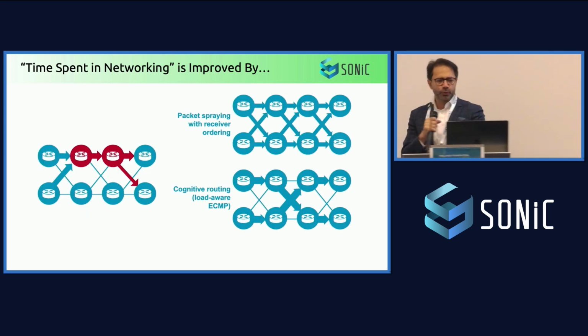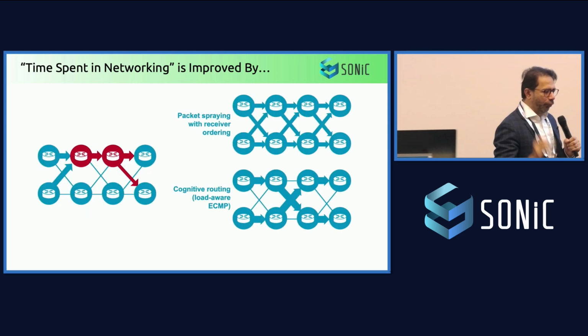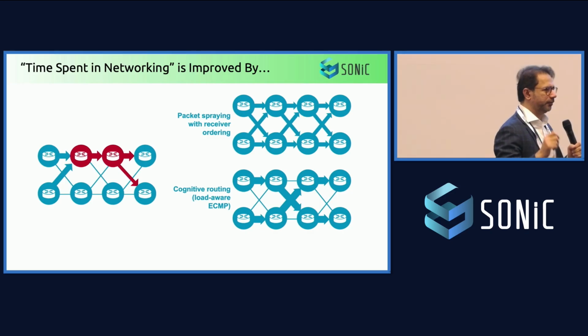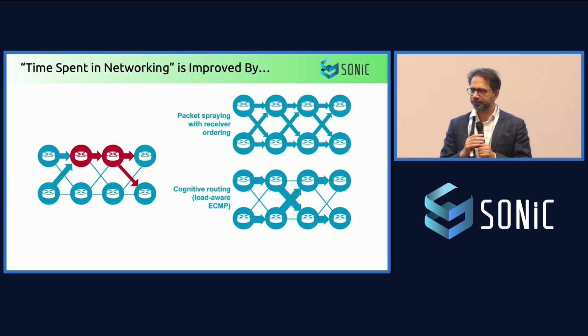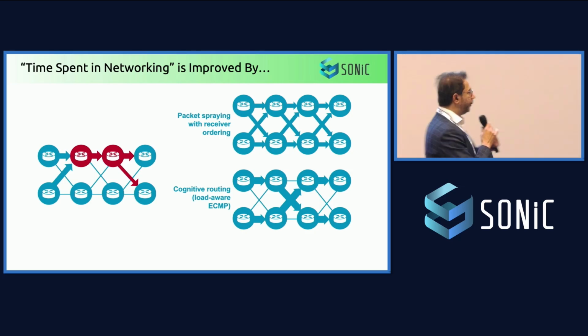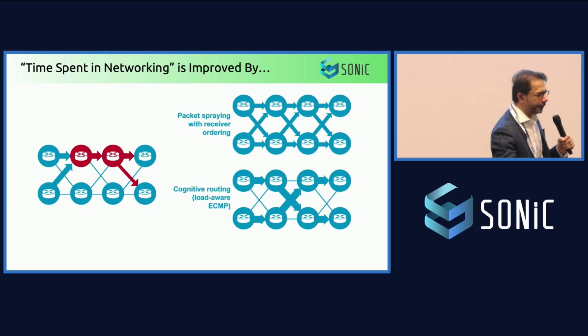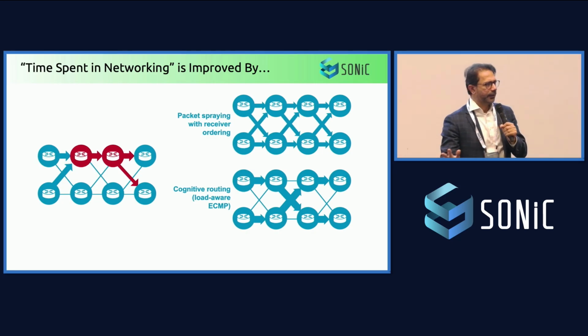And what can we do about them? For flow collision, we at Broadcom believe you need a better load balancing mechanism, right? And we have 2 approaches there. Approach number 1 is packet spraying, which we do in our Jericho family.